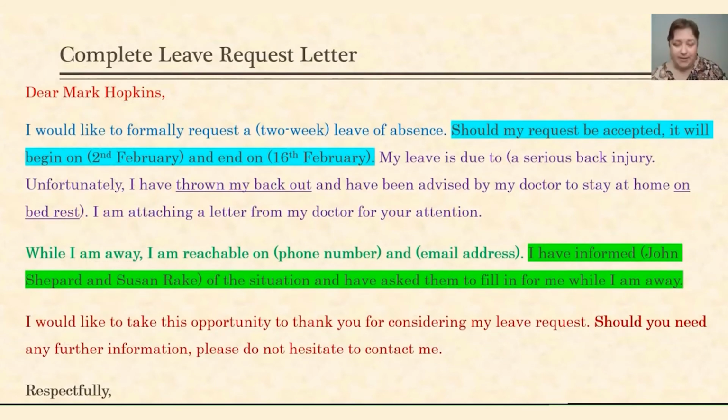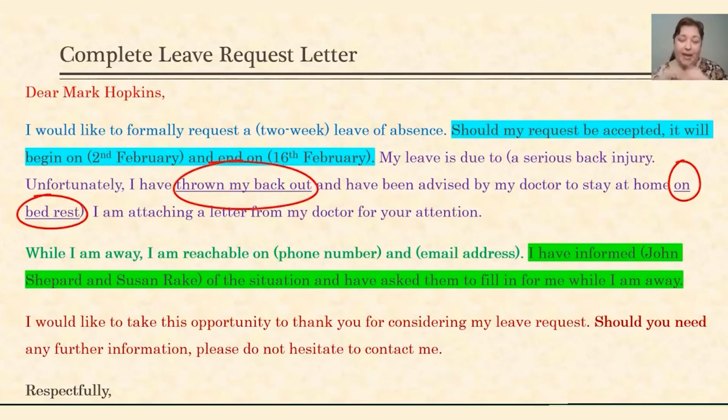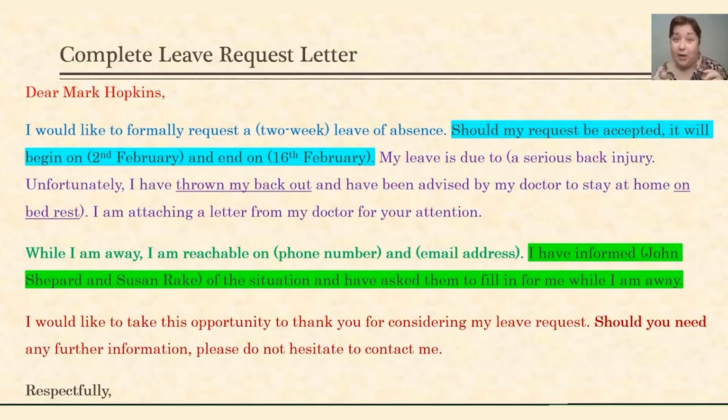So now we've looked at all the different parts of the letter. Let's bring it all together. I have also included some extra information. And then after this, I'm going to show you the big mistake that lots of people make. So stay with me. So this is a complete leave request letter. Dear Mark Hopkins, that's the person I'm writing to, I would like to formally request a 2-week leave of absence. 2-week is hyphenated because it's an adjective.